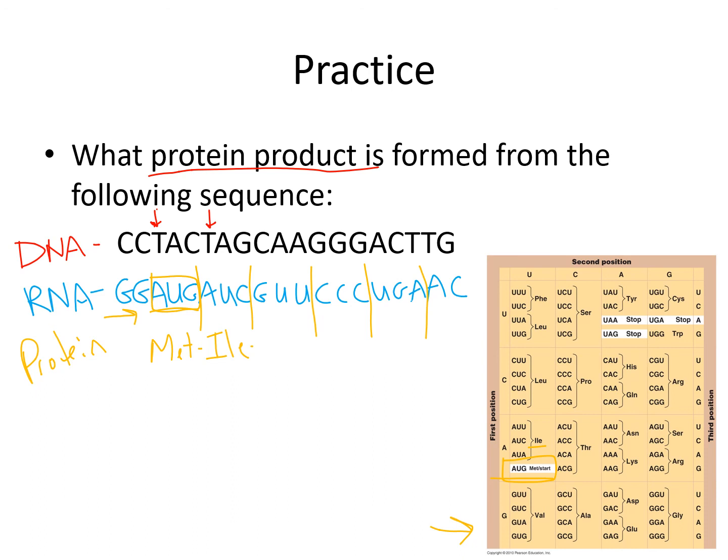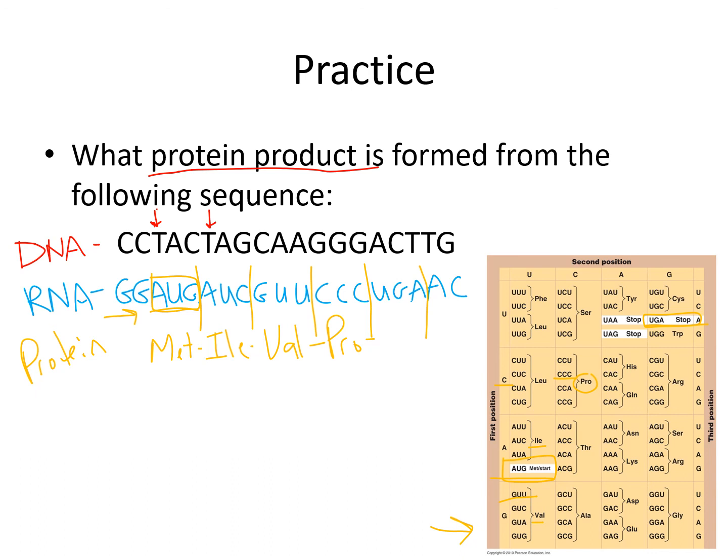Then GUU is valine. And then CCC is proline. Then UGA is a stop codon. So when you get to a stop codon, you stop.